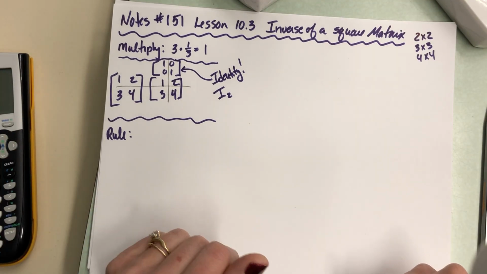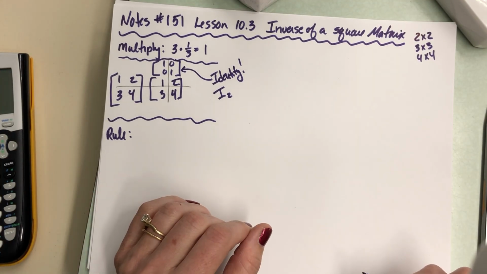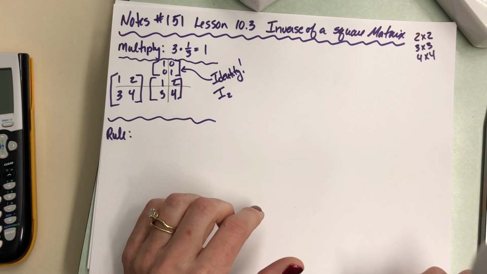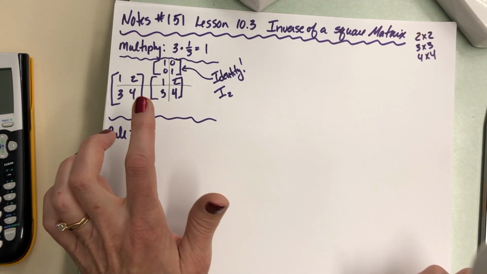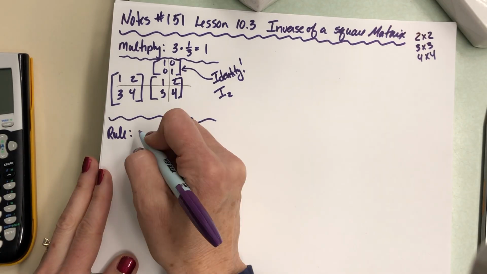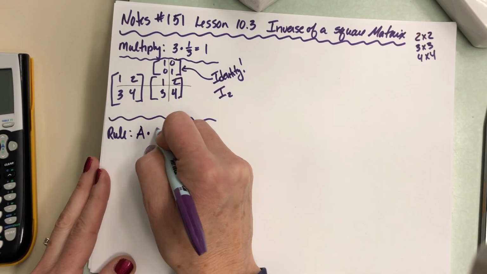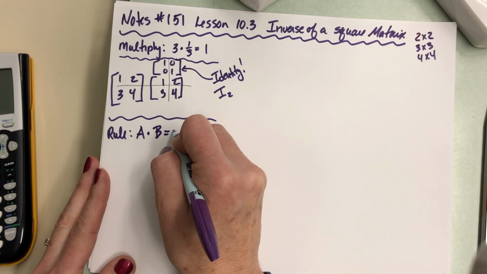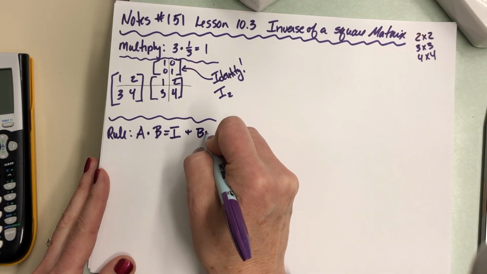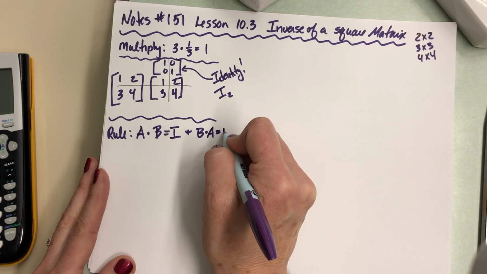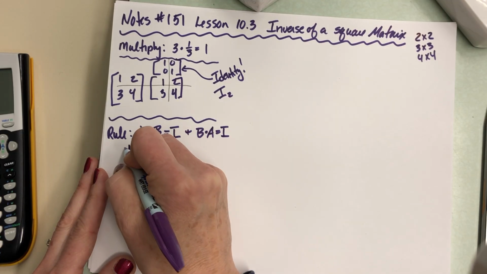I could go on and show you lots of multiplication problems. And if we were in school, I probably would have given you a quiz question like this. So our rule is: if matrix A times matrix B is equal to the identity, and similarly matrix B times matrix A is equal to the identity, then A and B are inverses.